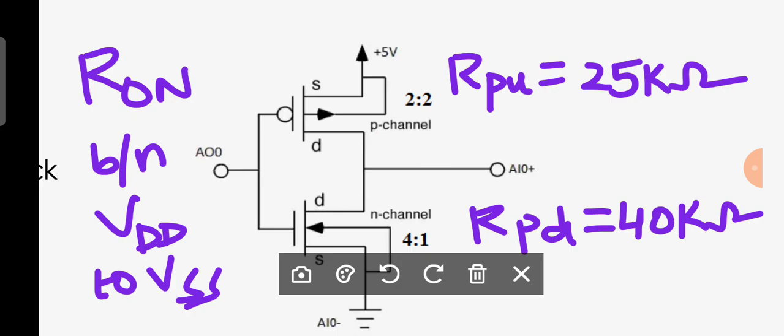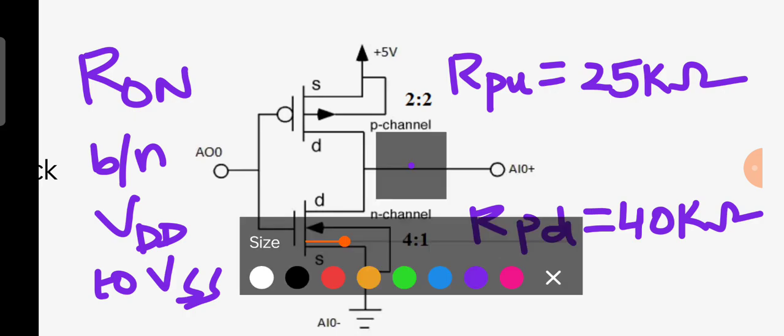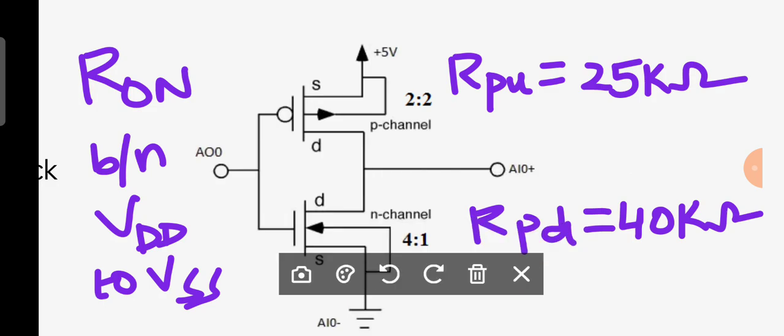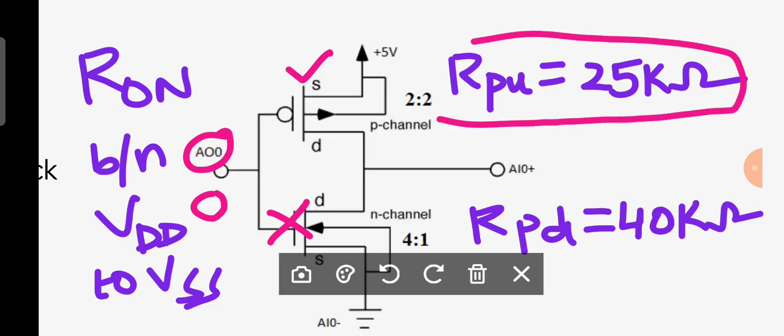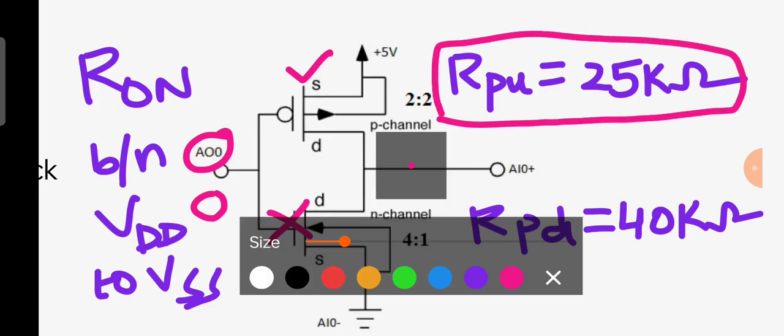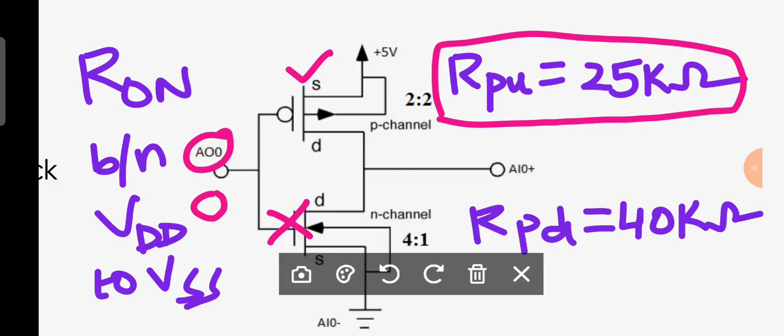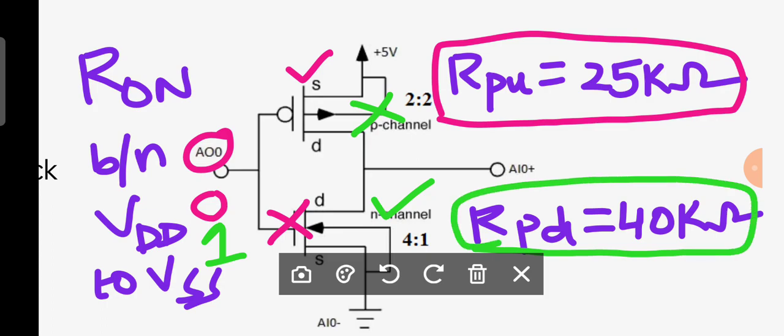Now, if you observe that if Vin is equal to 0, PMOS will turn on, NMOS will turn off. Therefore, we have only a pull-up resistance. If the Vin is equal to 1, then NMOS will turn on, PMOS will turn off. At that time we have only pull down resistance.